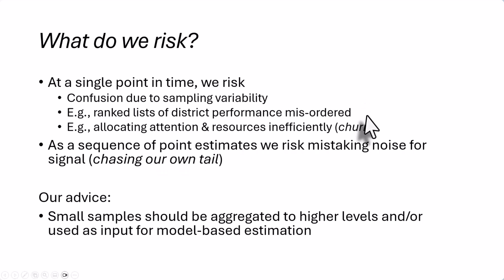You could imagine the provincial level managers wanting to make a ranked list of districts, those with the highest, medium, and low coverage. Those ranked lists are going to be misordered because of sampling variability. We're going to be giving some attention to places that seem to do well and places that seem to do poorly.